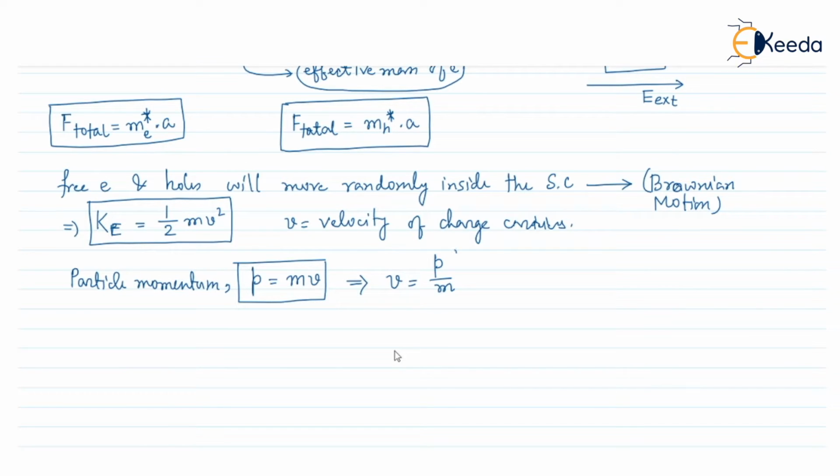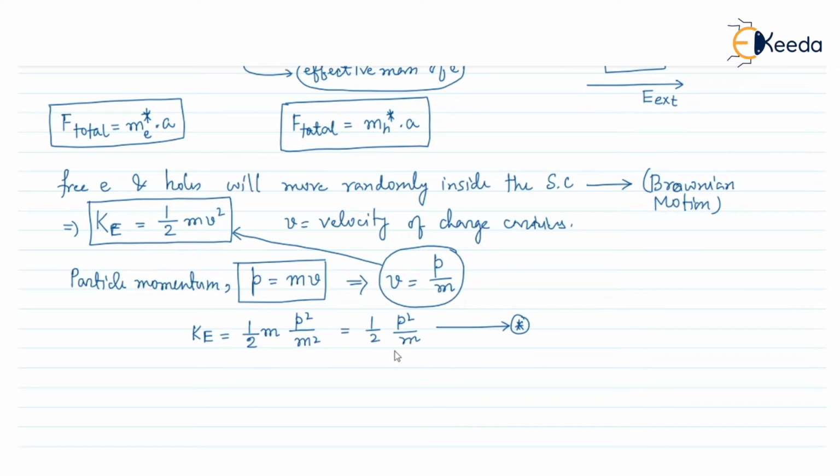If we use this value of v in the kinetic energy equation, we can write the kinetic energy of the charge particle as half m p square by m square, and that will be half p square by m.